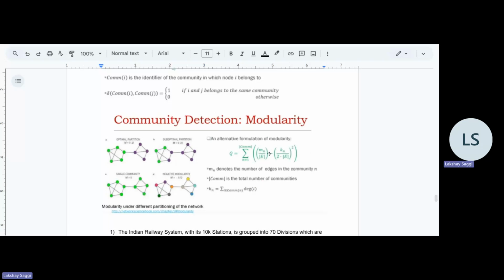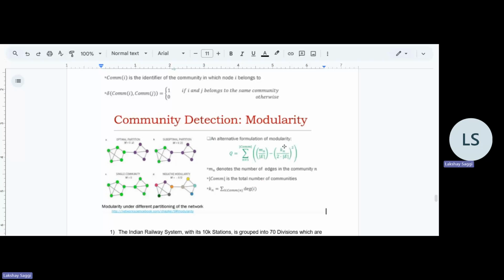So this mn term captures the number of edges present inside the community, and kn by 2 captures the summation of degrees of vertices inside the community, which will be the number of edges present inside the community as well as going across the community. Because this kn term has all the degrees of vertices, some edges might belong to the community, some edges might not.